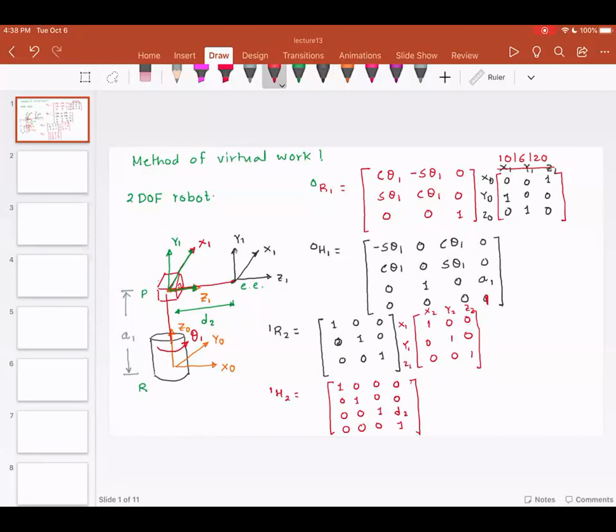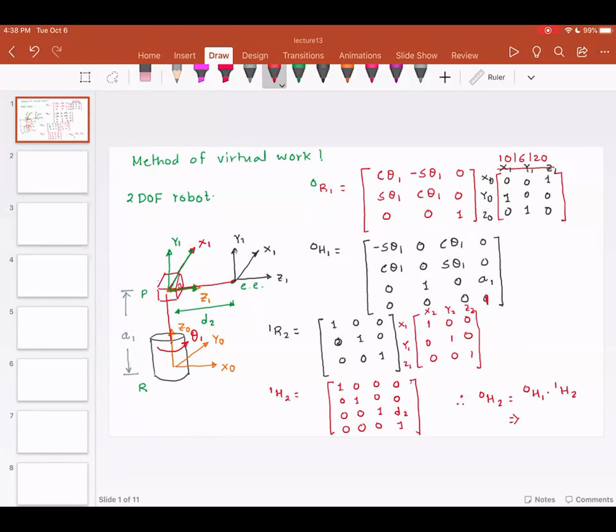So now I have these two homogeneous transformation matrices, and what I need to do is find 0H2. 0H2 is 0H1 times 1H2.